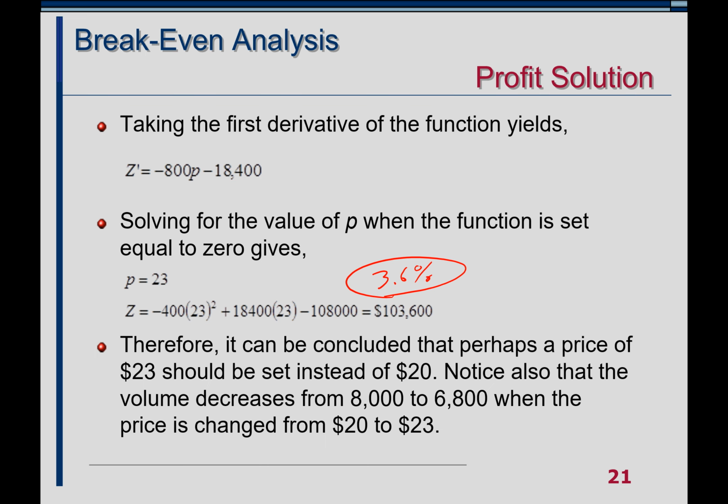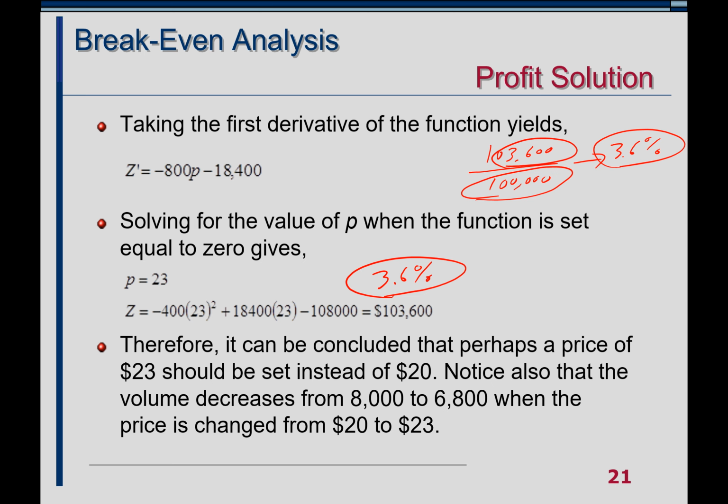Simple. 3,600 divided by 100,000. You have a difference of 3,600. 3,600 divided by 100,000 is going to yield 3.6% increase in profit, and all you did was just change your selling price.